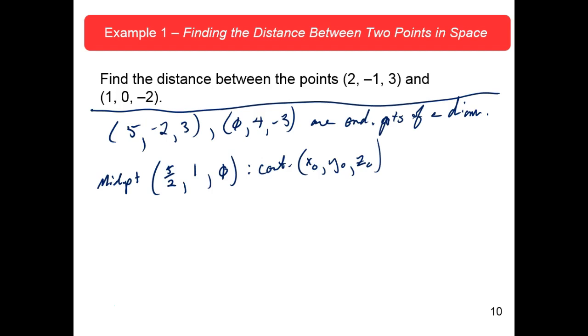Okay. And what are we looking for? A radius. Are radius and diameter in any way connected? How? How are radius and diameter related?